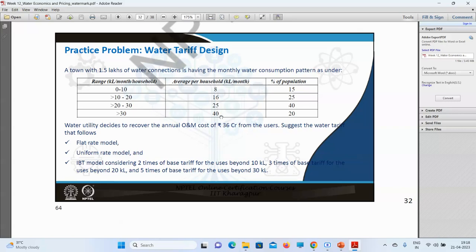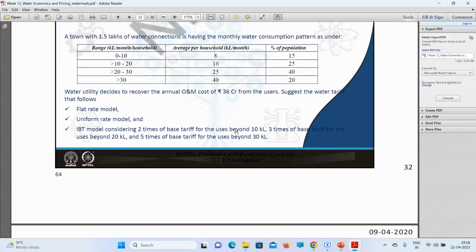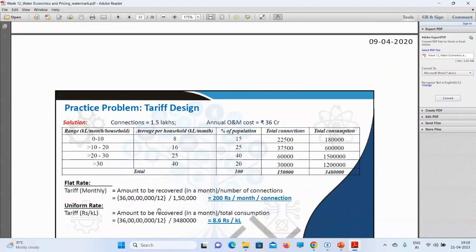So in that case we need to finally collect this particular amount. It's not for metering the consumption of the consumer, but for recovering the operation and maintenance cost that they have met. So in that case, they have to adopt this particular equation, amount to be recovered.